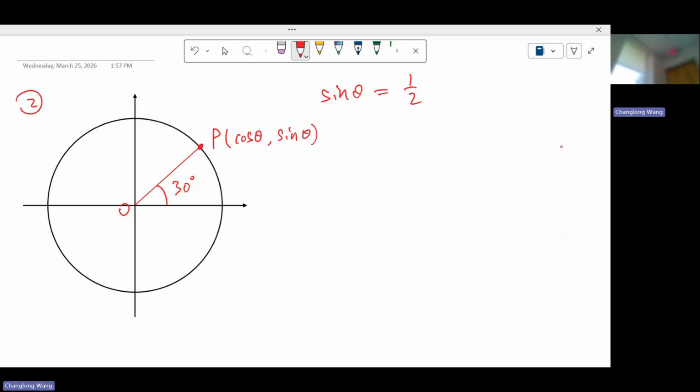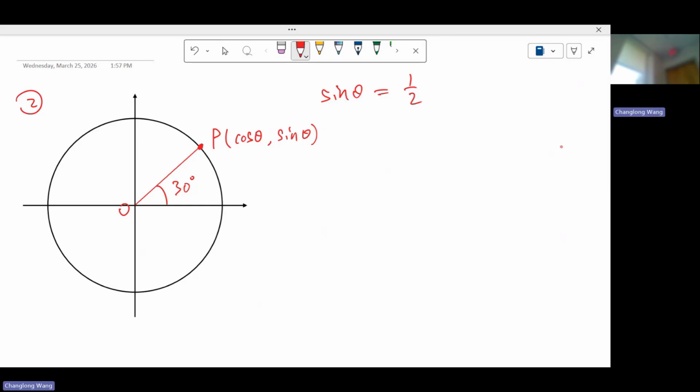Would there be another point which has the same exact y coordinate as the P? It'll be somewhere on the unit circle. Where would it be? Could it be somewhere down below?